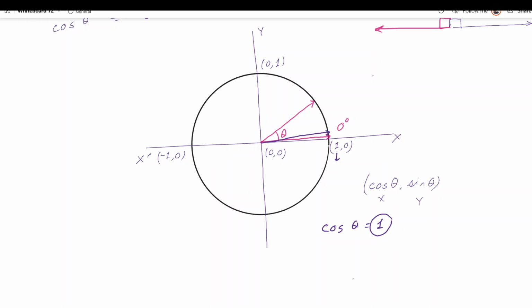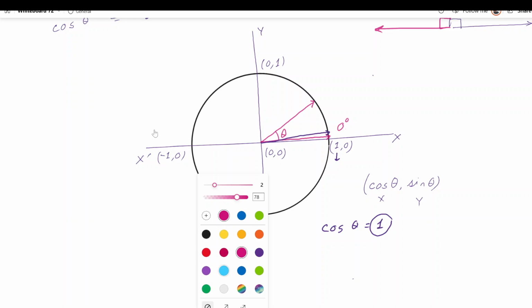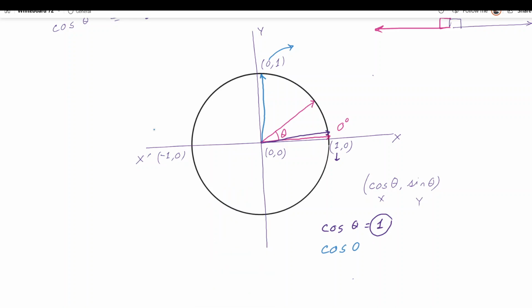Now if it is 90 degree, let's put a different color. Let's say this one. If it is this one, let's say 90-degree, little side, and then what happens? Your cos theta becomes 0. So that's why cos theta is 0, not O. Just identify 0, not O. And then when it is 180-degree, that means this is the angle and your vector is somewhere here, opposite direction.